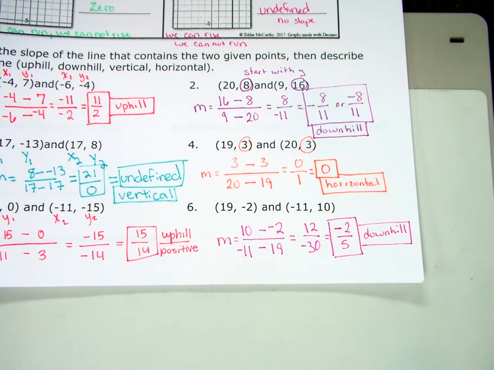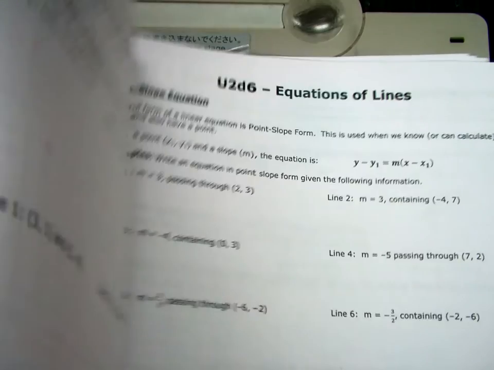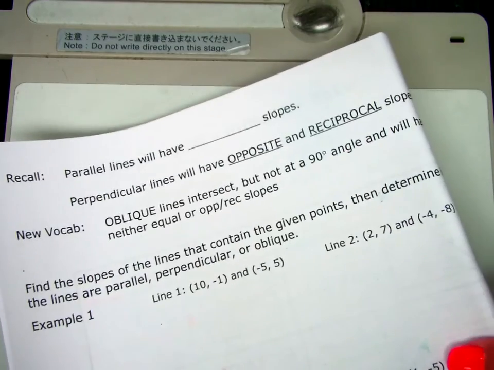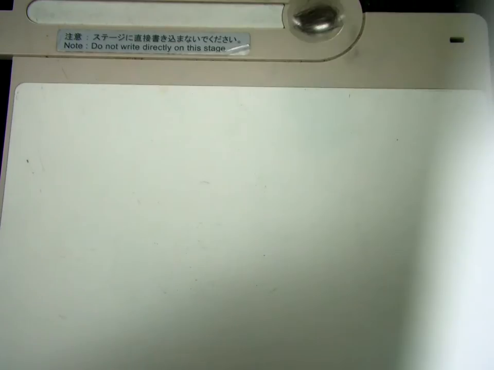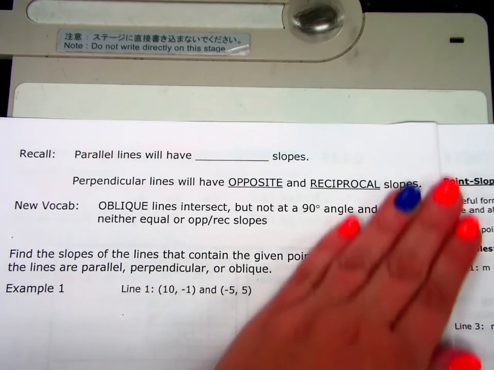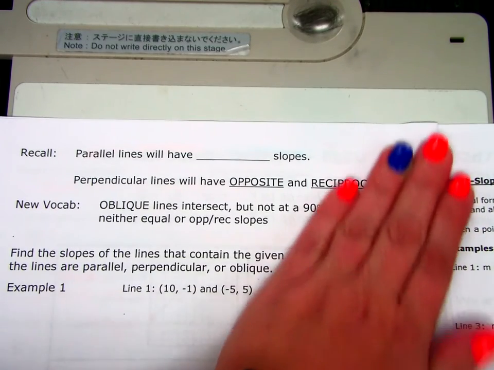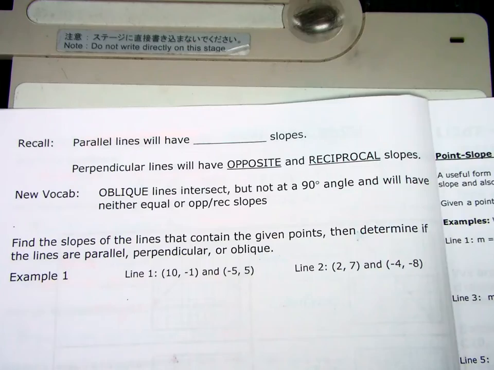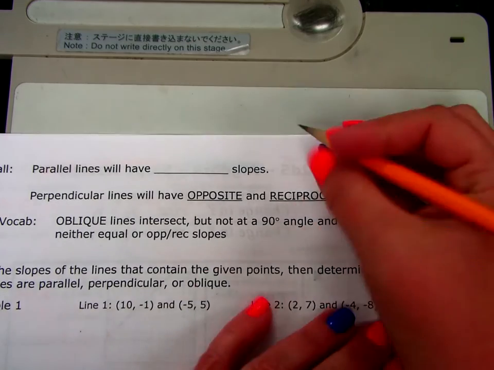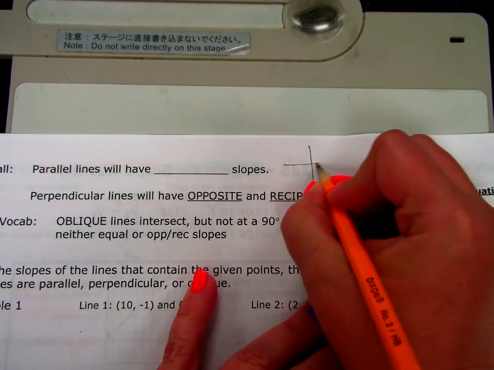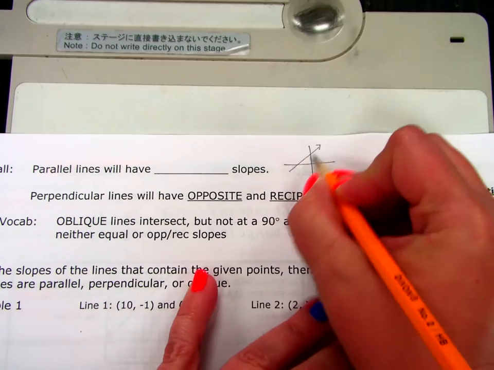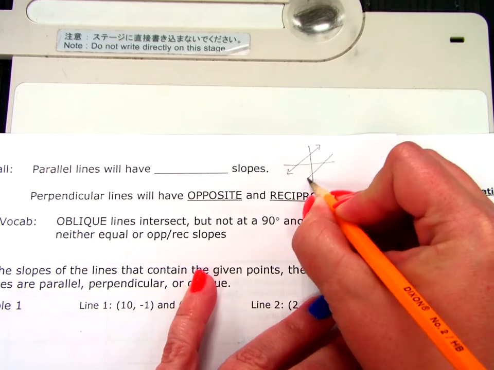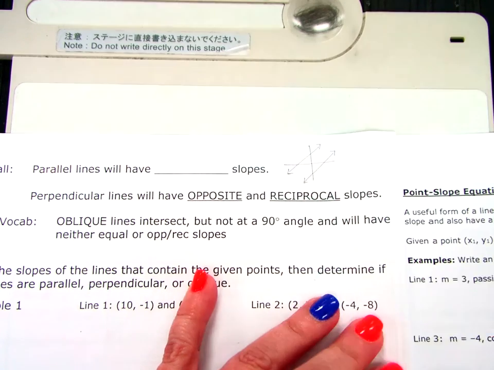Alright. So now a little bit of a review of 2 concepts from algebra. I'm going to open this up so we can see it all better. Parallel lines. If you think about parallel lines, when we graph them, if I have 2 parallel lines and I graph them, one here and one here, I just made them both positive.